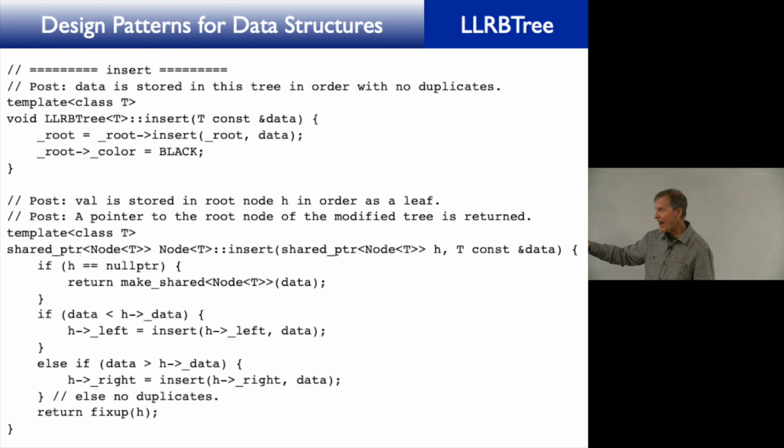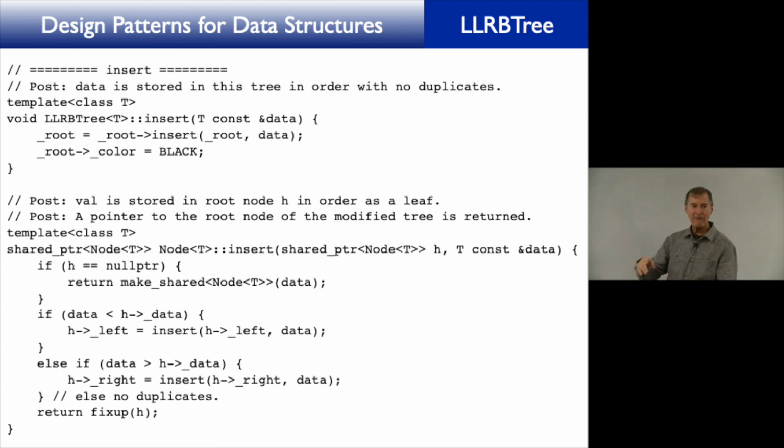What happens? H arrow right gets insert. So there's an H here, there's going to be an H here, and an H here. As it goes down the tree looking for where to insert, there are these parameters, H's created all the way down the tree. Else, we're not going to do anything, because then they're equal, so there's nothing to duplicate.